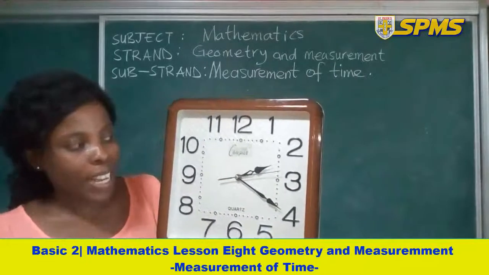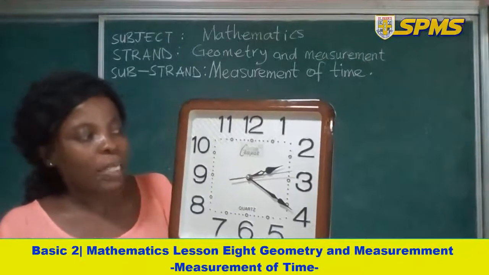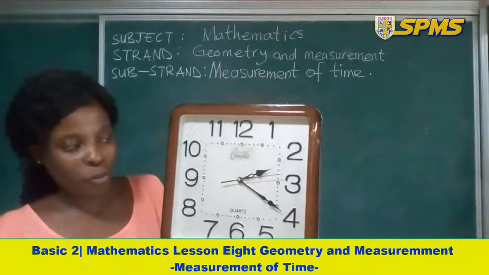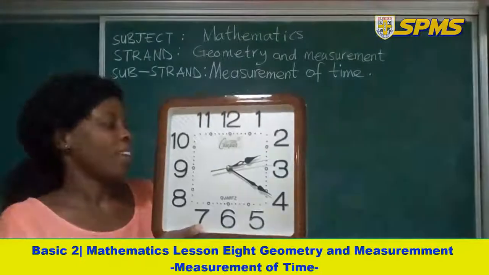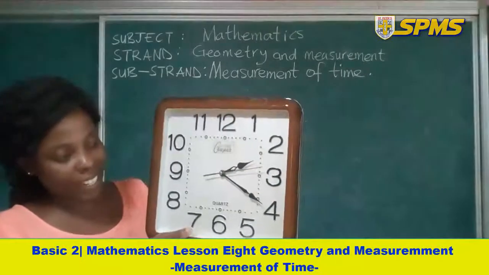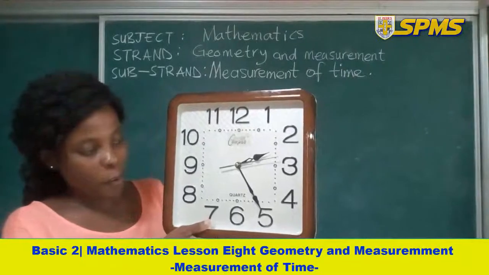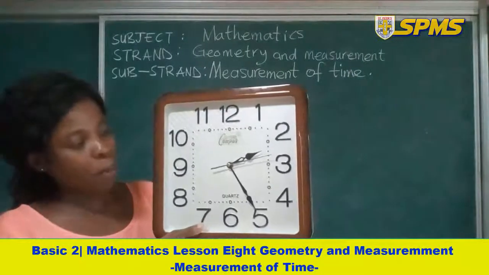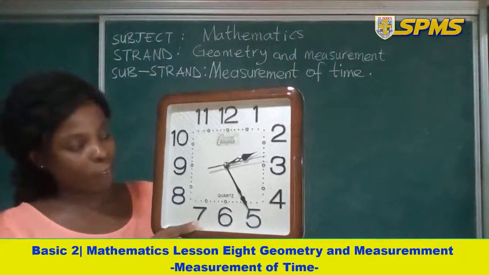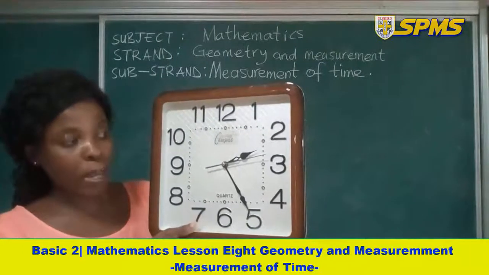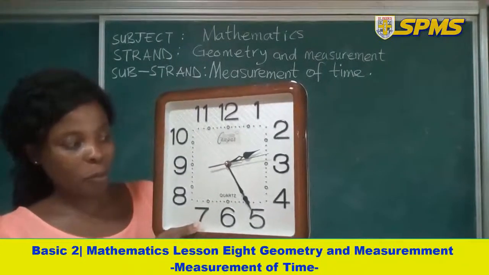So now it is 20 minutes past 2. It's moving again to 5. 5 is how many minutes? 25. So you can say 25 minutes past 2.